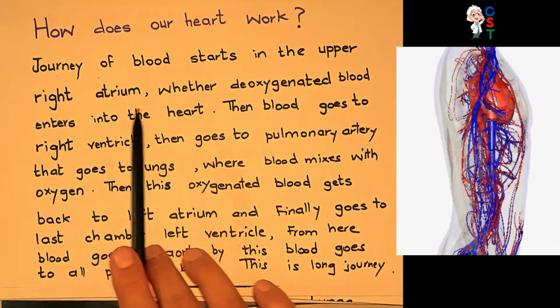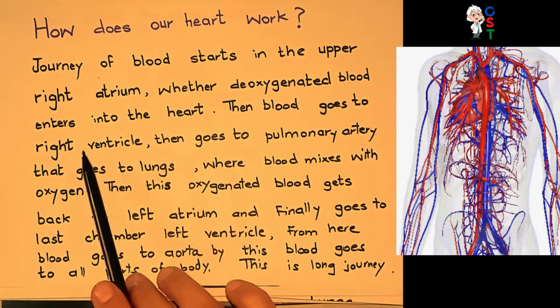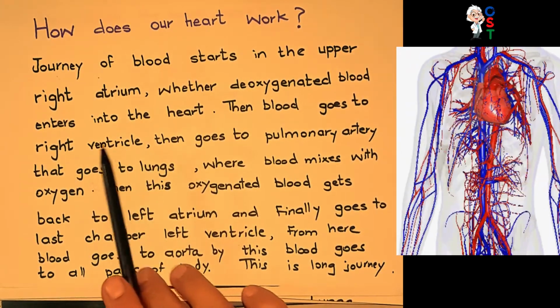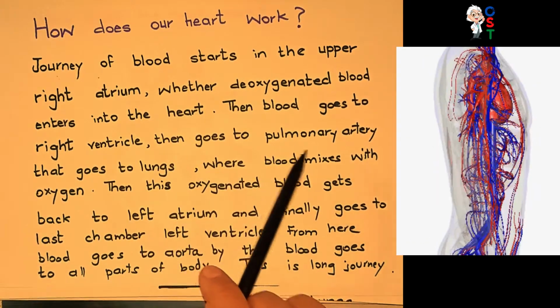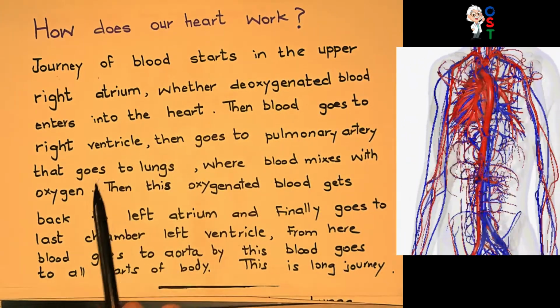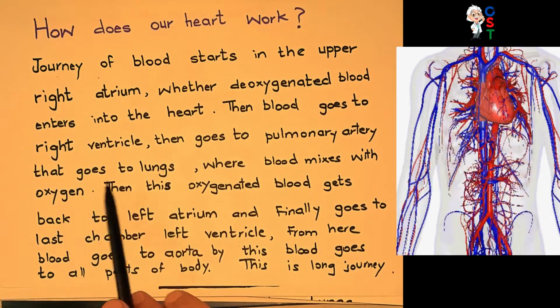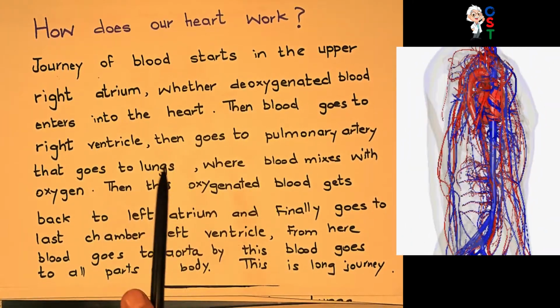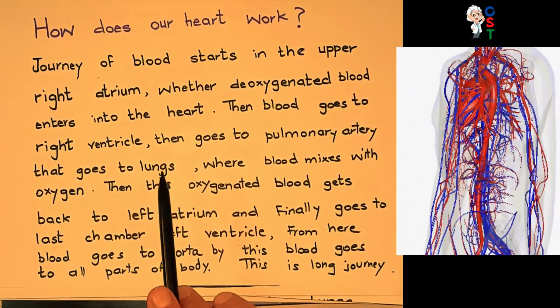So this is the right side, right atrium. From the right atrium it goes to the right ventricle. From the right ventricle, the blood goes to the pulmonary artery. The pulmonary artery provides blood to the lungs. Then the lungs mix the blood with oxygen.